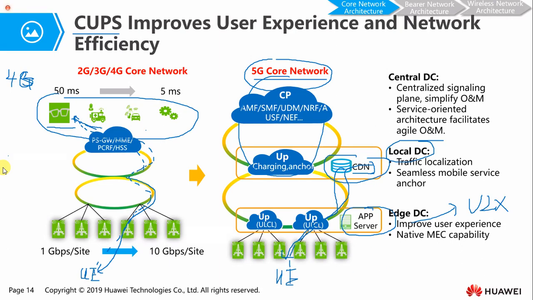So this is our user plane near the base station, and the control plane can stay in the core layer. The control plane is not very sensitive to delay, so it doesn't matter. You can deploy it in the core network. So this is the CUPS.